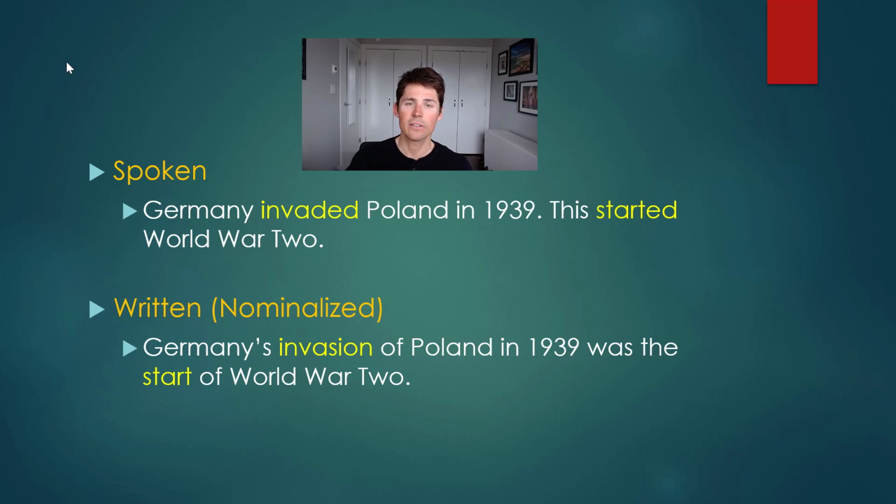So we can see here that we've got two separate sentences or two clauses that both include a verb at their center, invaded and started, and these verbs have been turned into nouns in the written version, invasion and the start of. So again, we see how spoken language, when it becomes written language, tends to nominalize, turn words into nouns in the effort to pack that information more concisely into a smaller amount of space.